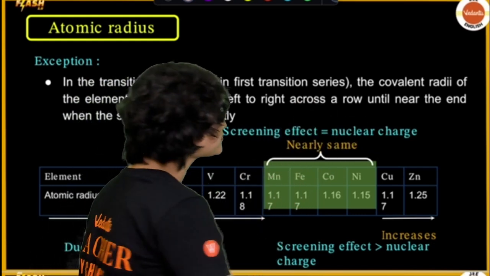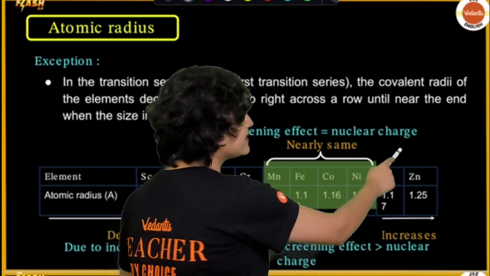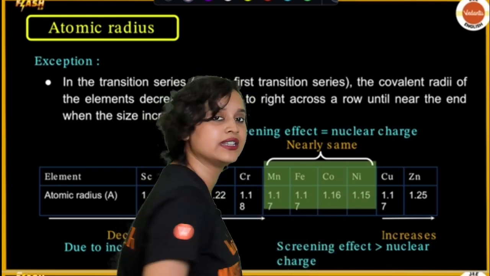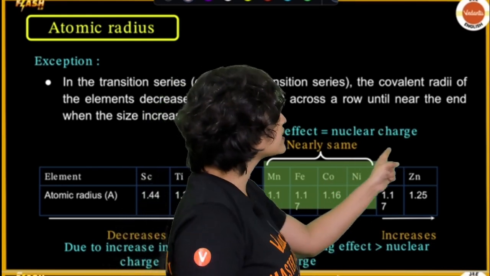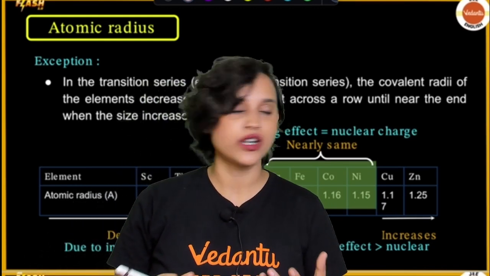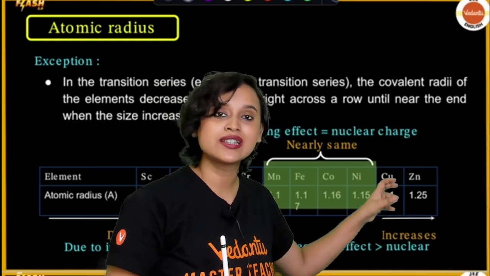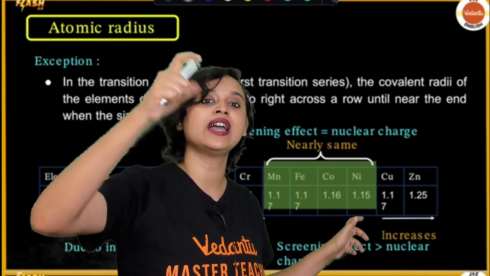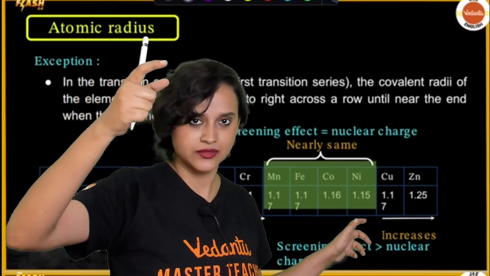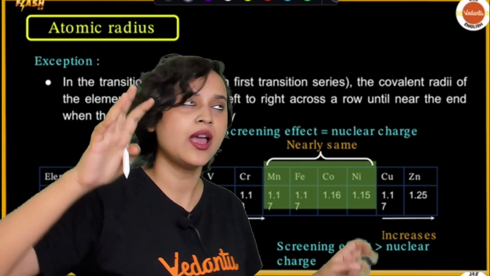Correct? Got it? And finally, when we reach copper and zinc, we see an increase in the atomic radii. Why? Because now the screening effect has decreased. Sorry, am I saying it the wrong way?